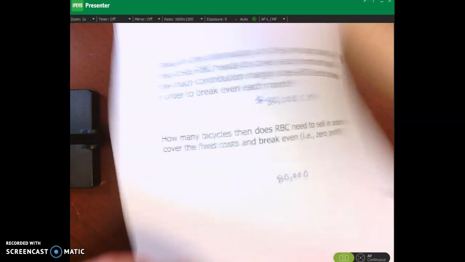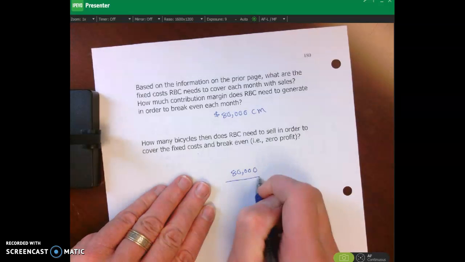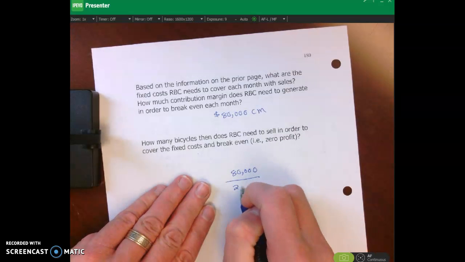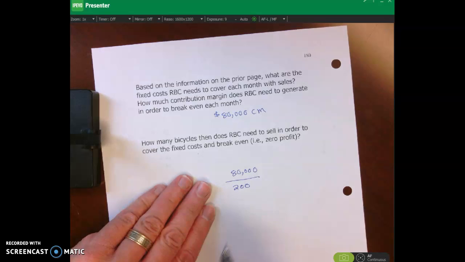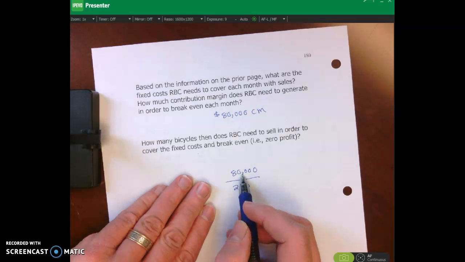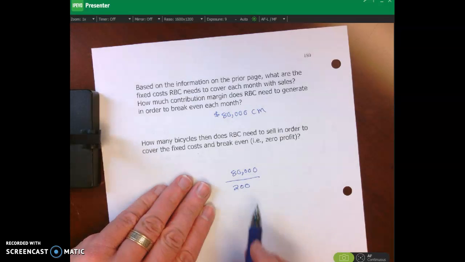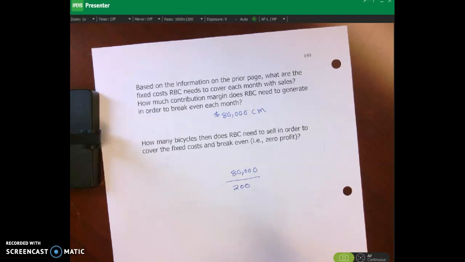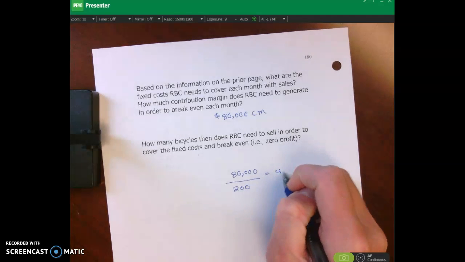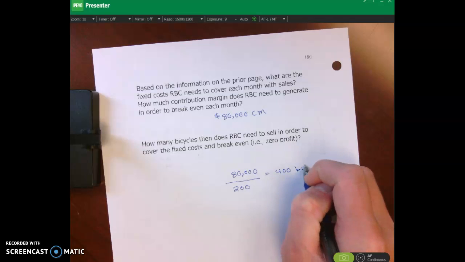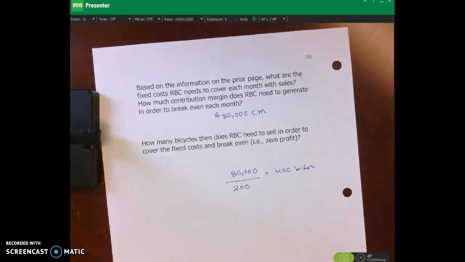Each bike I sell gives me $200 of contribution margin. I need $80,000 worth of total contribution margin. Therefore, I divide my total contribution margin by my contribution margin per unit, and that gives me 400 bikes. If I sell 400 bikes, I will break even.